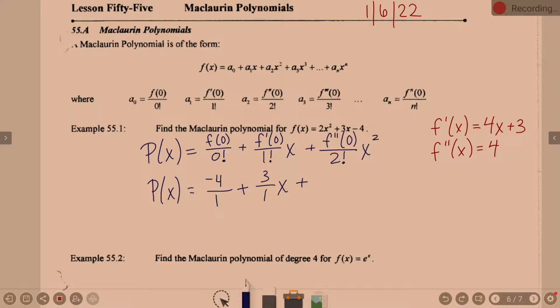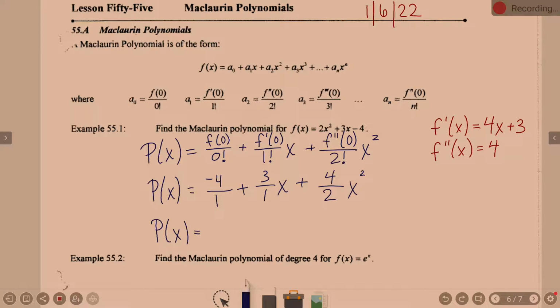Second derivative at 0. What's my second derivative when I plug 0 in? 4. 2 factorial means we're going to do 2 times 1 officially, which is 2, x squared. Okay, clean that up.